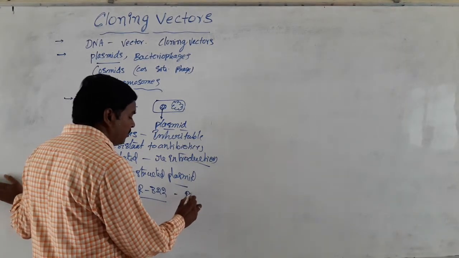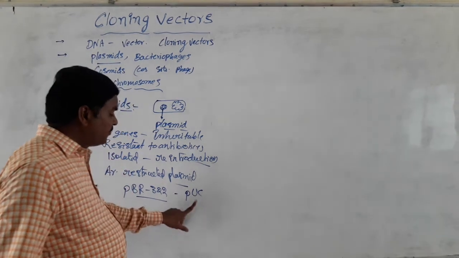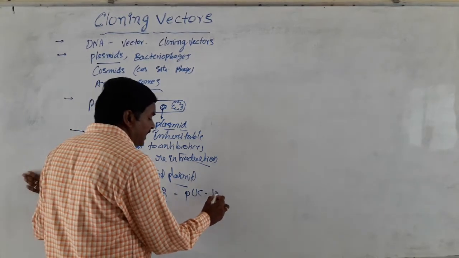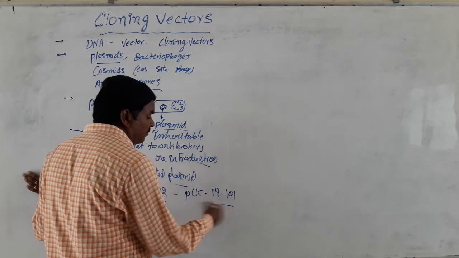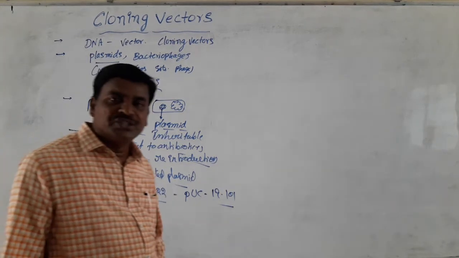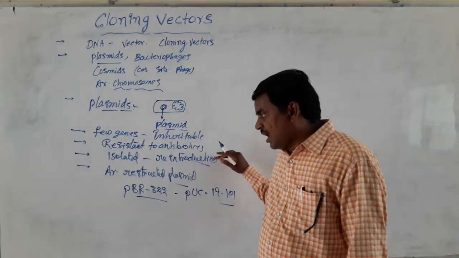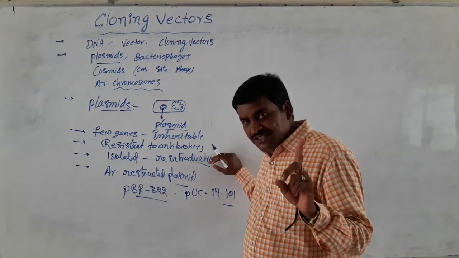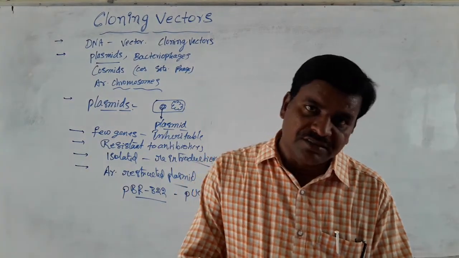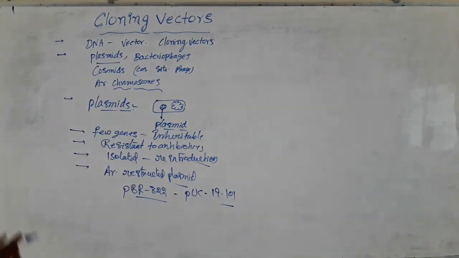And pUC, the plasmid of University of California. These are artificially created plasmids and, when compared to natural plasmids, are widely used in recombinant DNA technology.